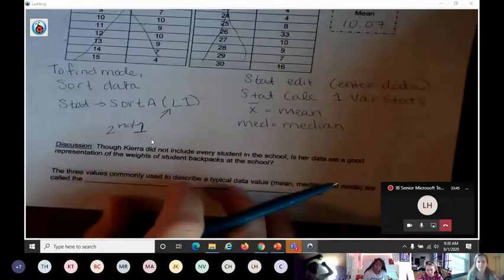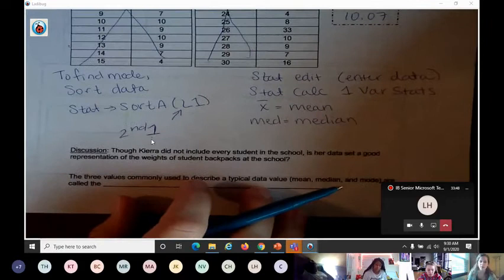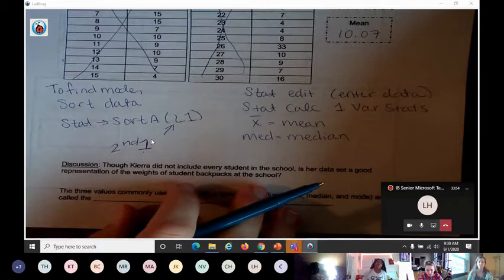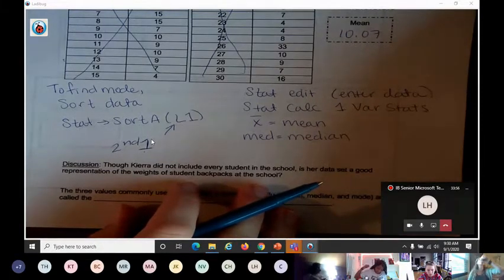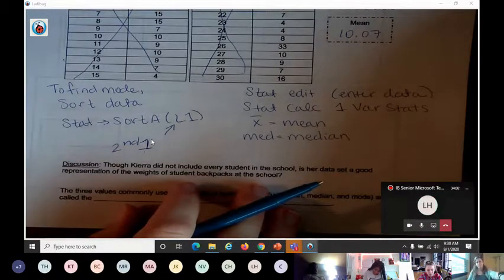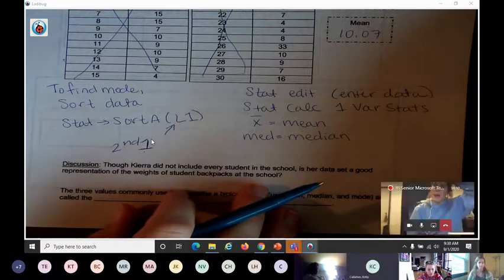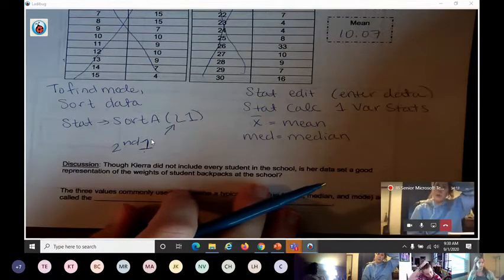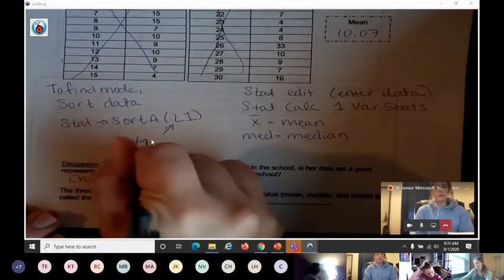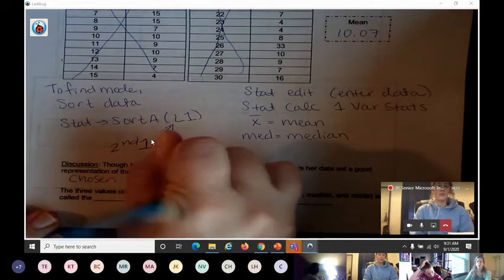So there's a discussion question here. It says, though Kiera does not include every student in the school, is her data a good representation of the weights of student backpacks at school? What do you guys think? Kelly, tell me what you think. I think it is because she chose the students randomly. It's not like she chose a specific class or anything. Okay, so chosen randomly is a pro for her data.